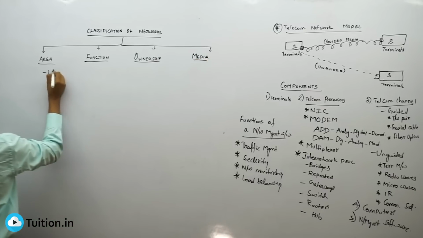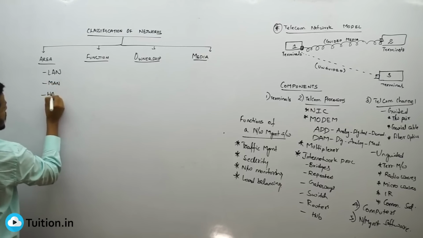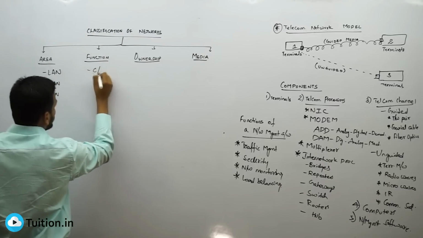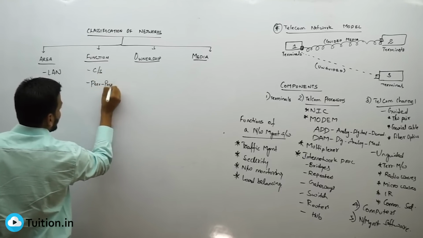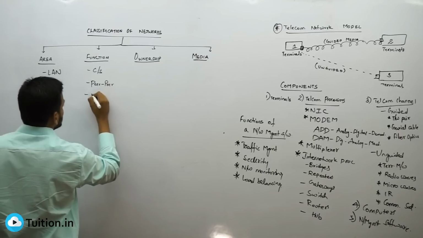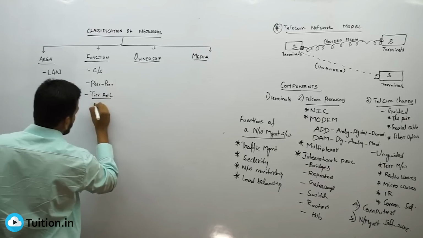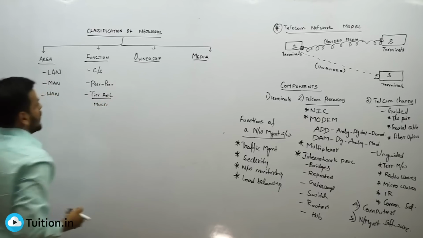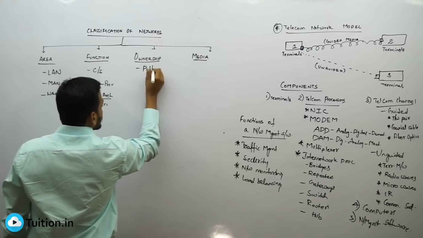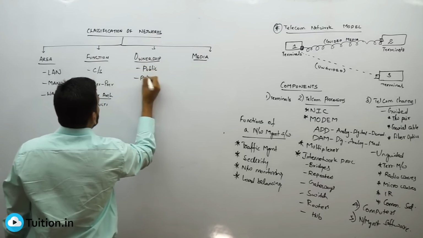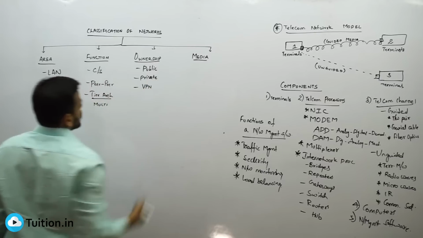Based on area, there is LAN, MAN and WAN. Based on function, there is client server, peer to peer, and of course tier architectures, where multi-tier architecture is famous. And then of course with ownership, we have public, we have private, we have virtual private networks.